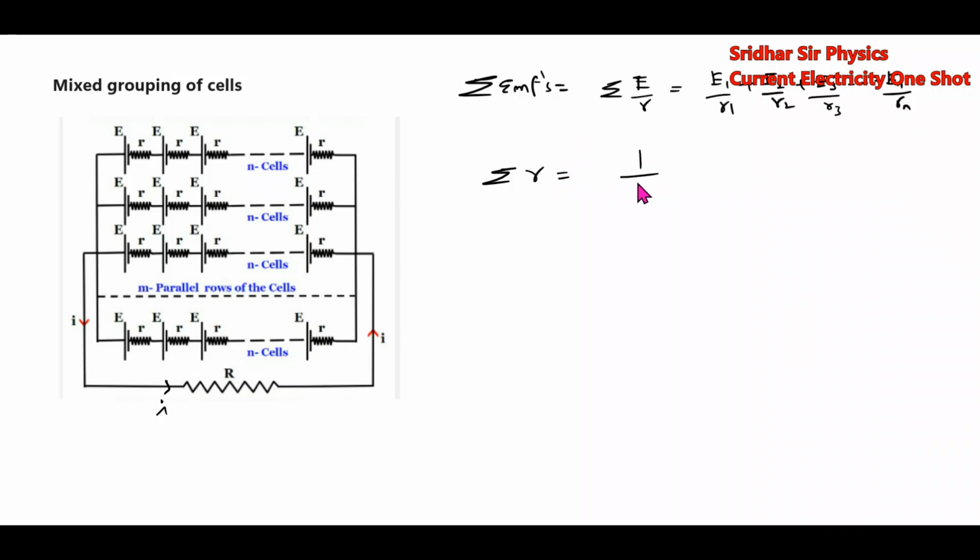R equivalent will be 1 by R equivalent, and this is the symbol like this.